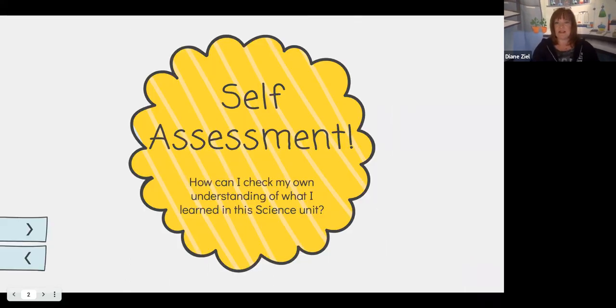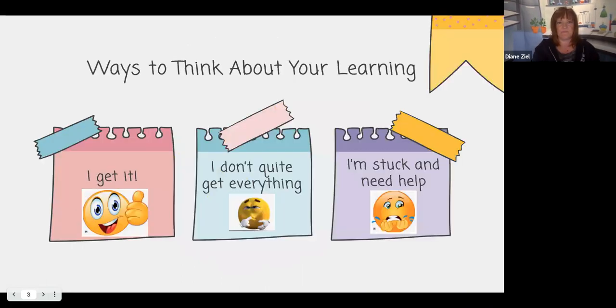So remember what self-assessment is. You ask yourself, how can I check my own understanding of what I learned in this science unit? These are some ways to think about your learning.